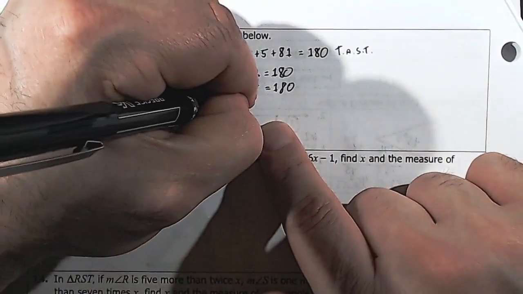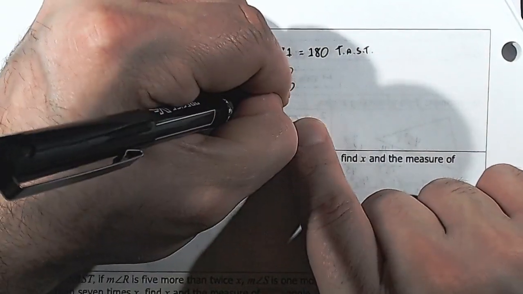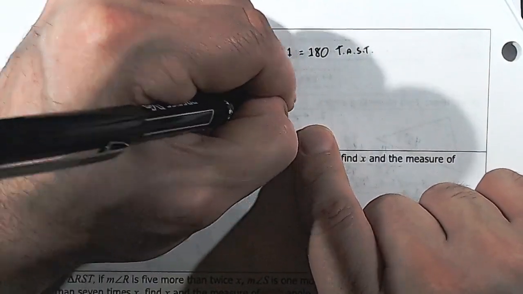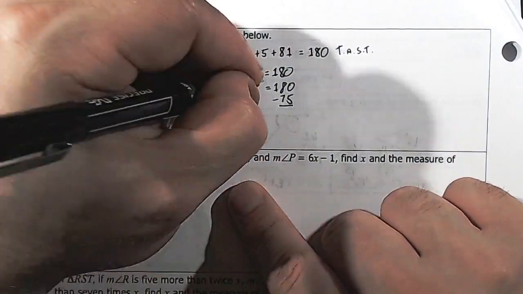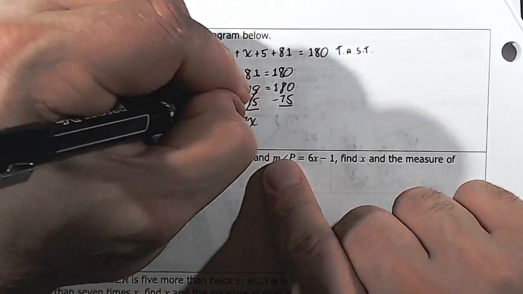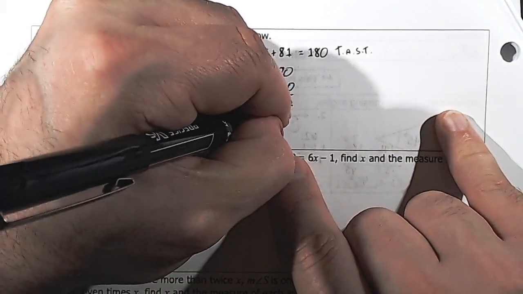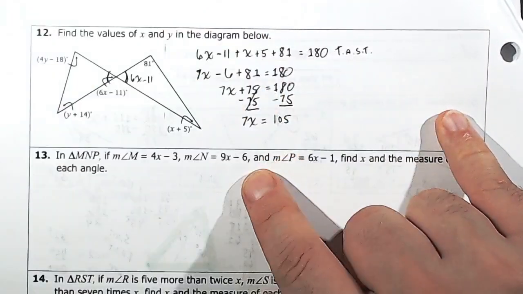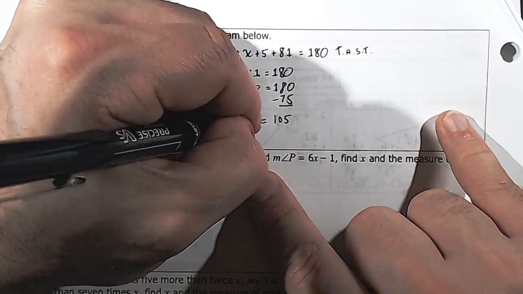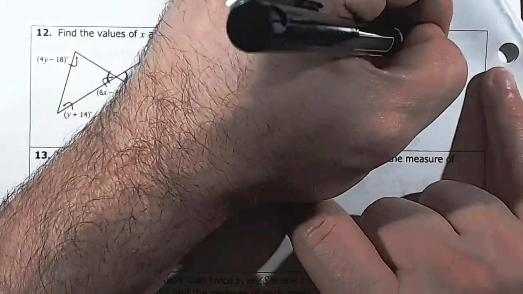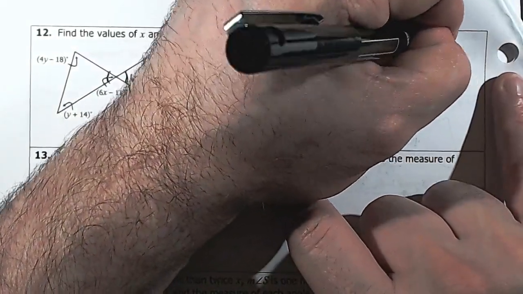And now I subtract 75 from both sides. 7x equals 180 minus 75, which is 105. So let's divide both sides by 7, and let's hope that 7 goes into 105 evenly.